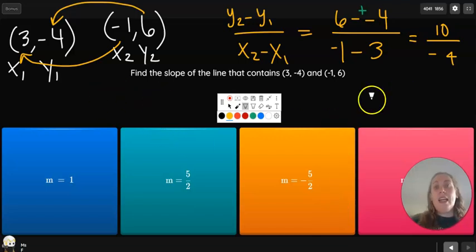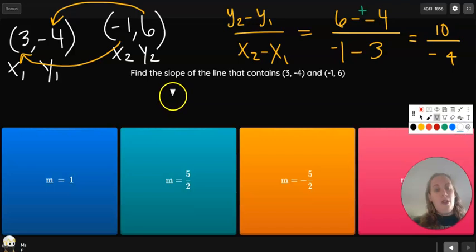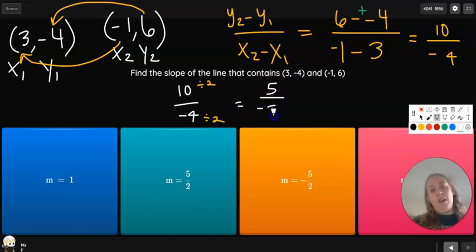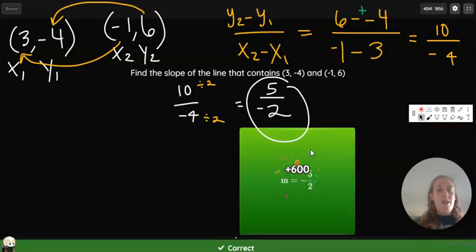We don't see that as an option, so let's try to reduce. So 10 over -4. We can divide both of these numbers by 2. They're both even. And then we get 5 over -2 for our final answer. Beautiful.